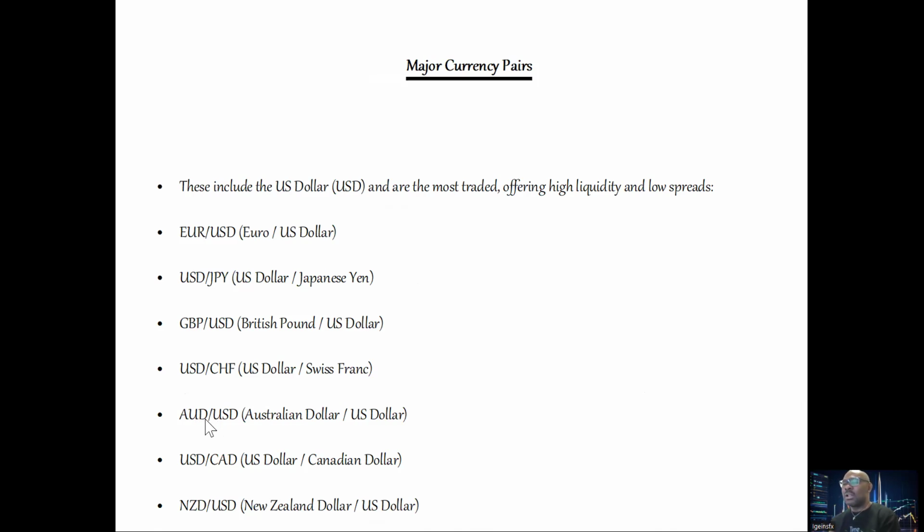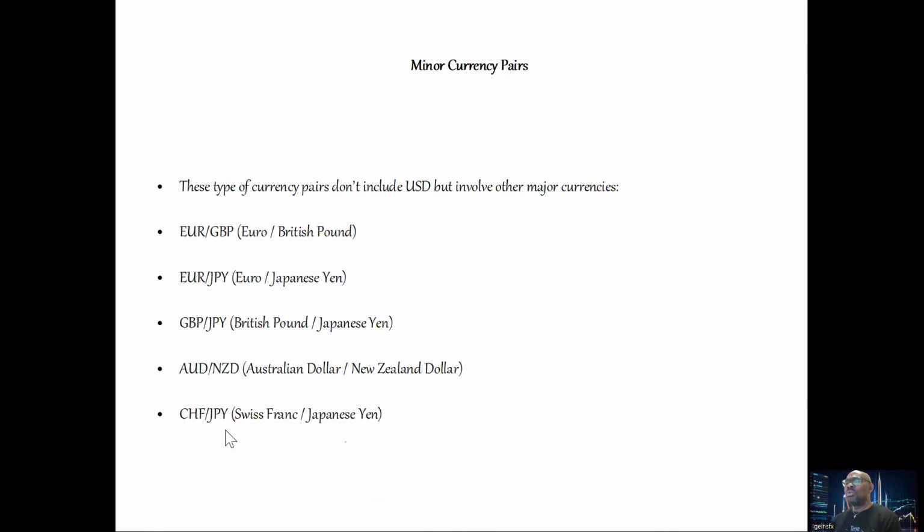AUD/USD, that is the Australian dollar, with the US dollar as quote. USD/CAD, that is US dollar and Canadian dollar. All these things you know.